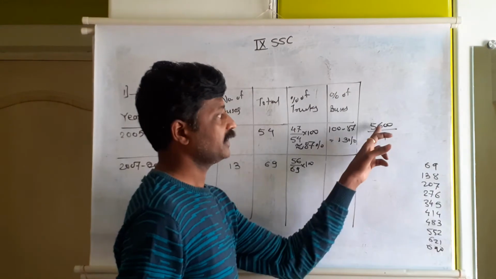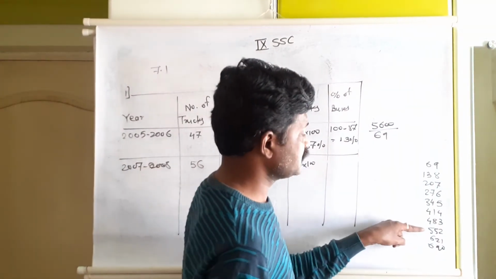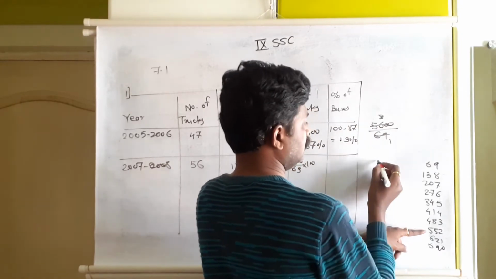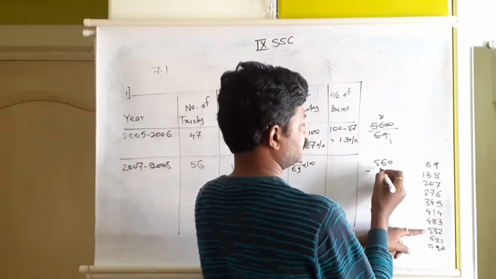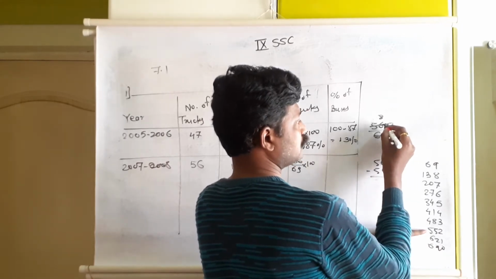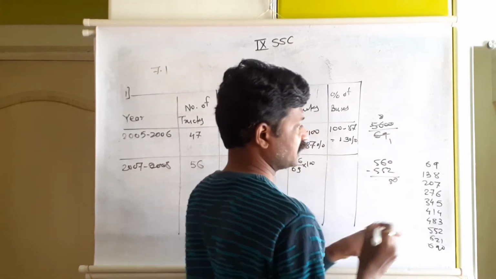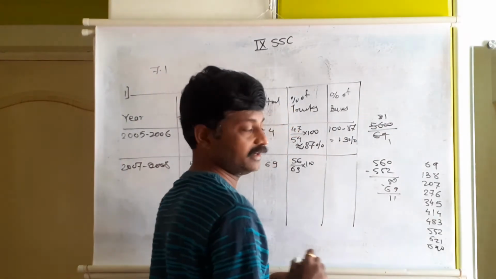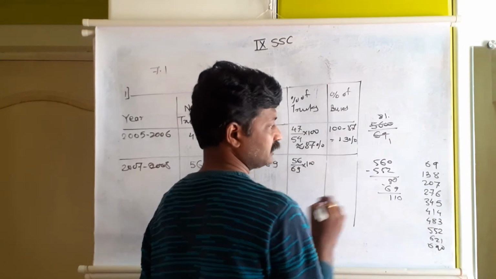Okay, now 560 we have here. 560 means it will be 8s are 552. 560 minus 552, the remainder is 8. So this additional 0 we have to consider, it will be 80. Then 69 1s are 69, the remainder will be 11. The decimal point will make it 110.